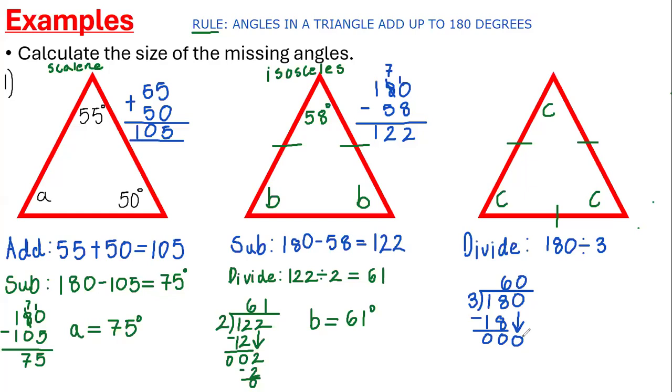So 3 times 0 is 0, and 0 minus 0 is 0. So 180 divided by 3 is going to be what? 60. So the answer here is 60. So C is 60 degrees, and that's our answer for this one.